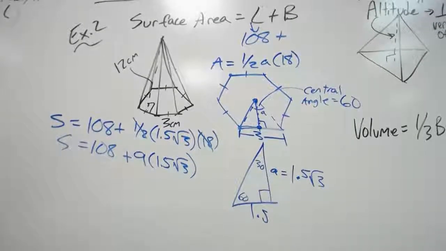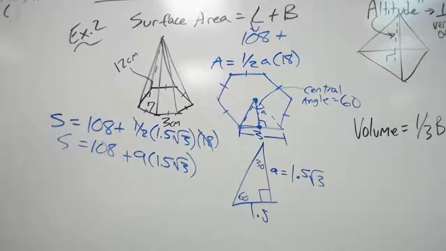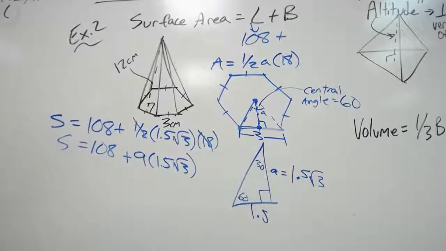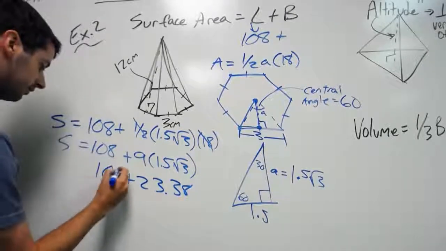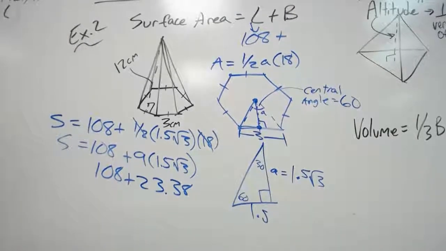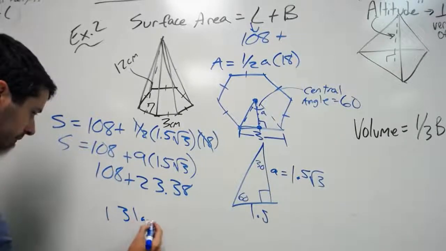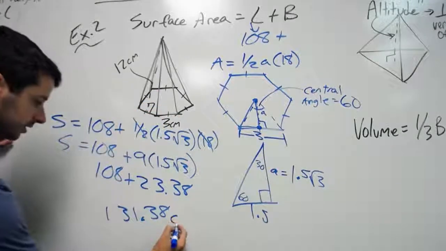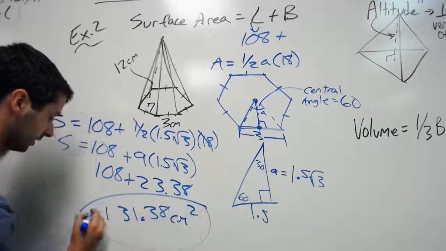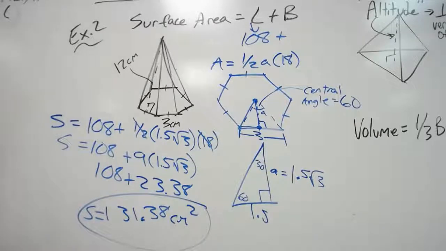So 1.5 radical 3 is 2.59 and so on, times 9, and that's 23.38. We add that to 108 and get 131.38. Our measurement is centimeters, so it's centimeters squared. That's how you do surface area for a pyramid.